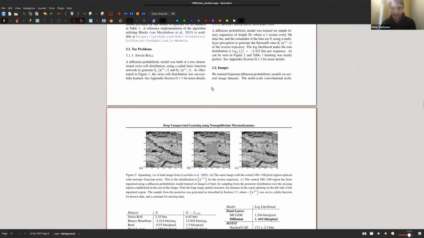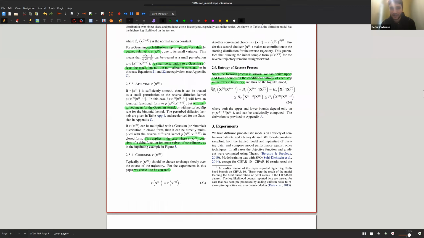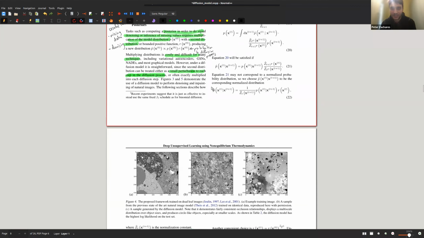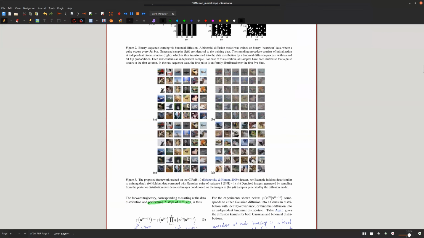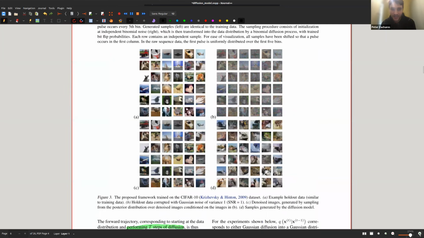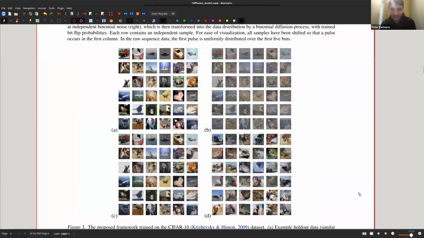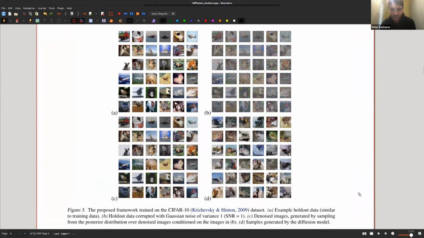I don't think they know which region corresponds to which class. If you look at the images, they look so blended. Keep going up. Oh, they're there. C is just generated images where they sampled and generated. If you zoom in on them, they are such a blend. There's definitely structure that it's picking up on, but it's not able to add the structure together to make a realistic image.